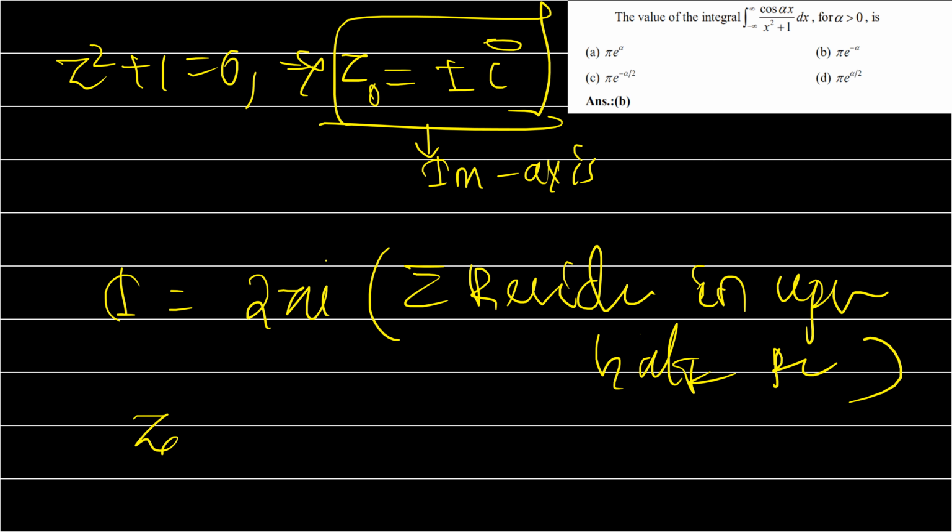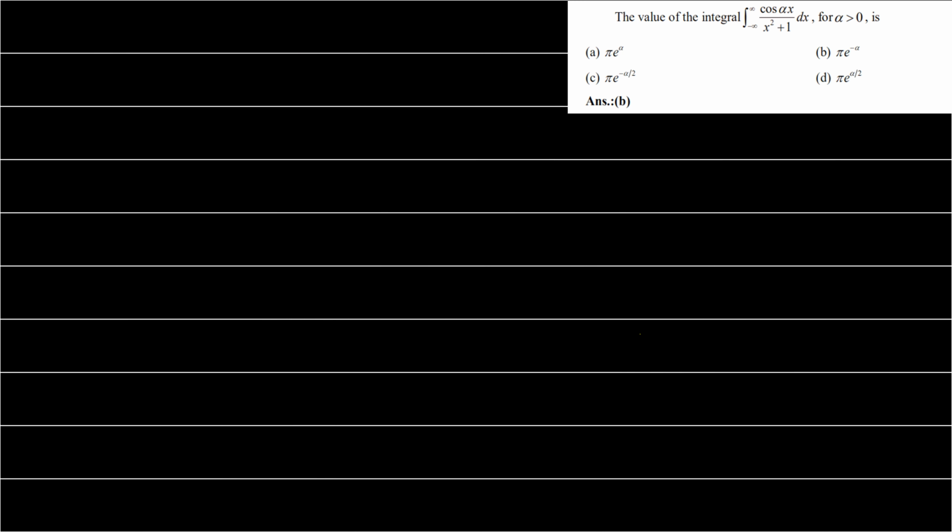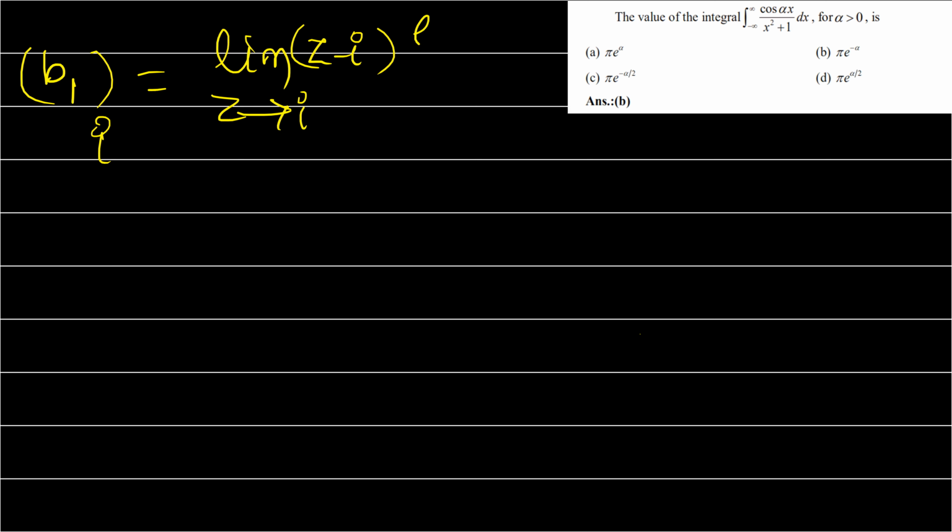Here the pole which is in the upper half plane is I. Now we have to find the residue at I, b1 at I. This is a simple pole, so it will be the limit as z tends to I of z minus I into e to the power I alpha z divided by z square plus 1.